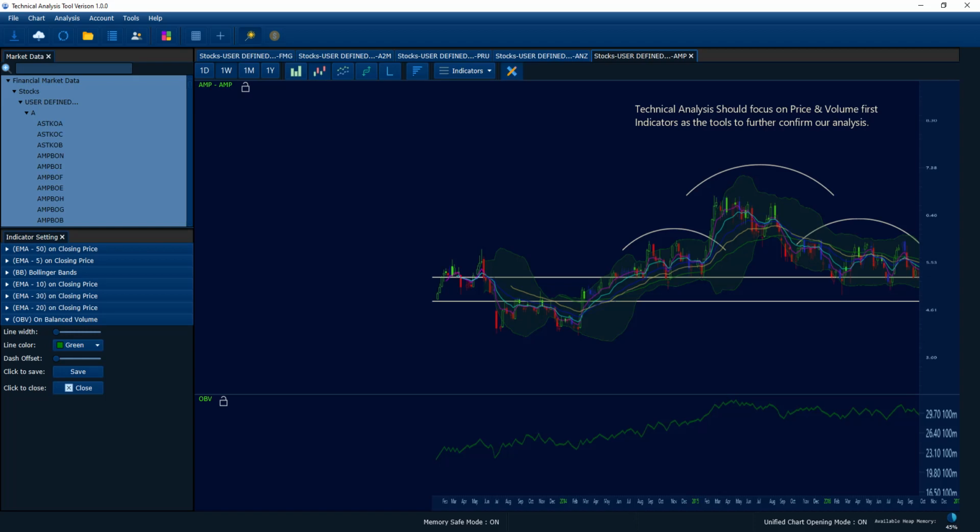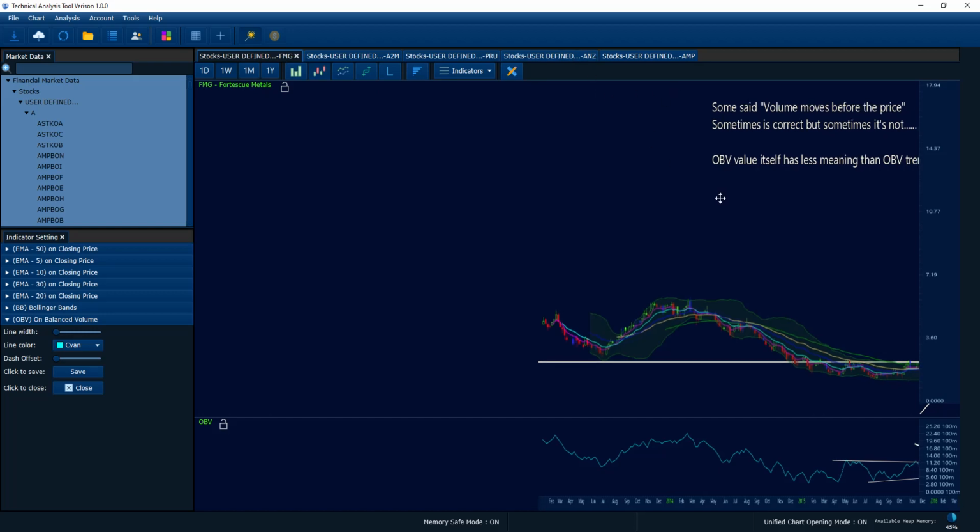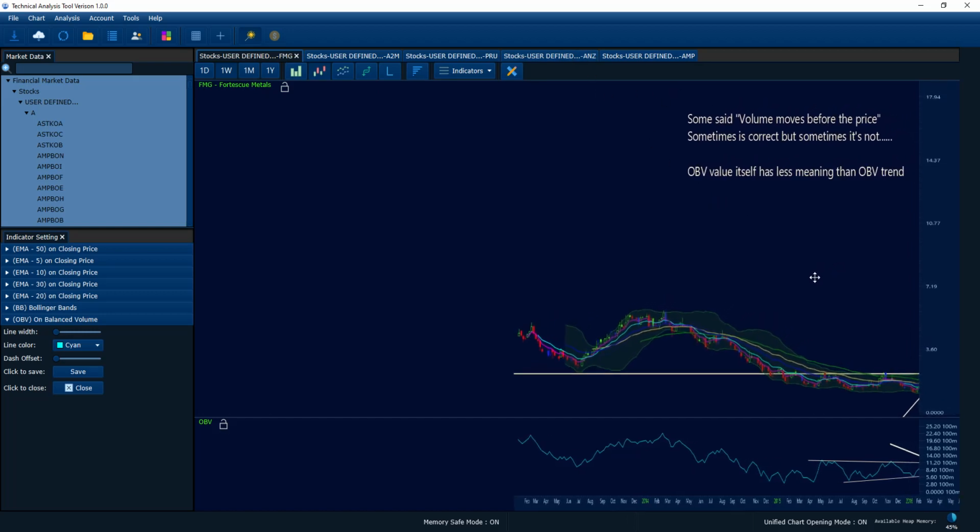Another part is we are using the actual trend of the OBV line to give us some trading signals, or maybe pre-warning. So let's just go through this. Okay, so let's go through from left to right. I will explain things one by one.